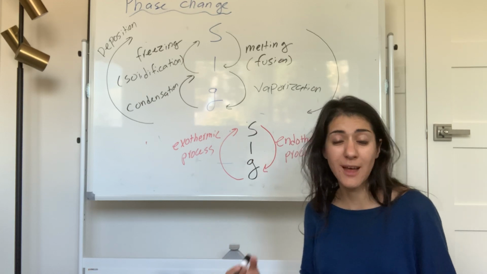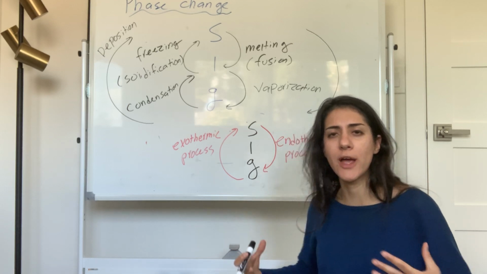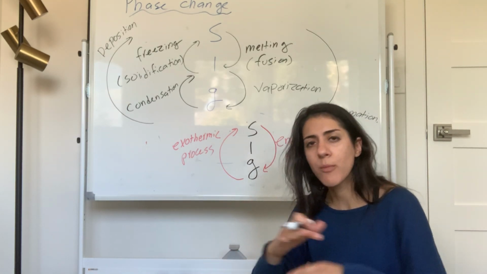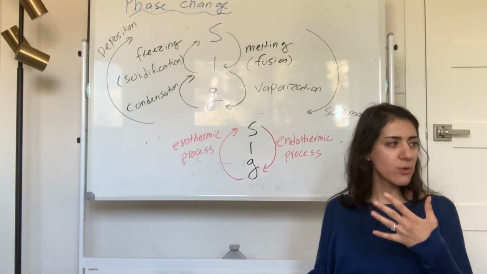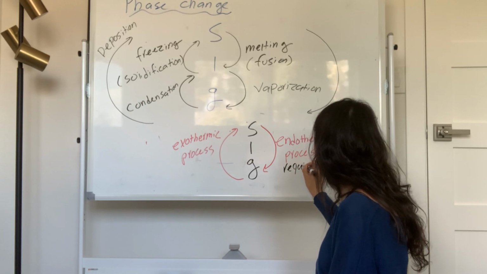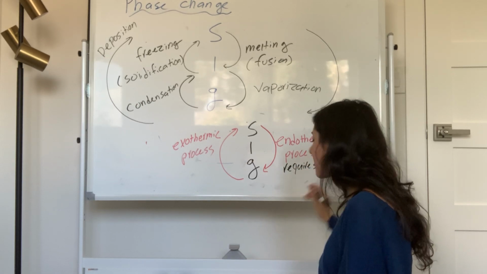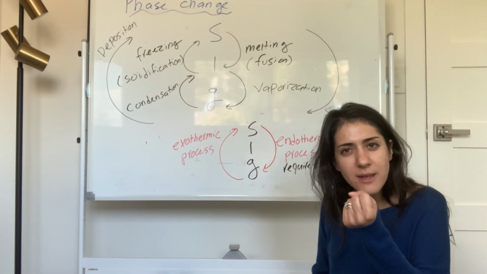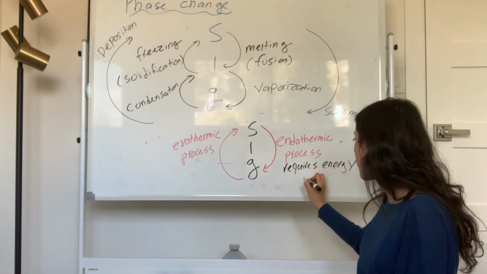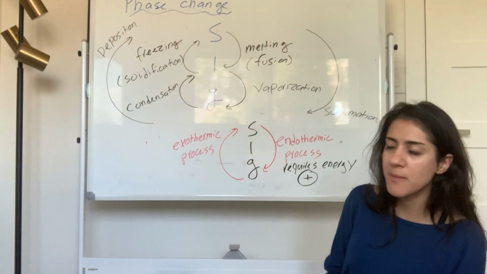My surrounding is going to get cold and I'm going to get hot because I require energy. So if you have an endothermic reaction, your beaker will get cold because you're getting the energy from the surrounding. When you have an endothermic reaction that requires energy, the sign for energy is positive. I need you to remember that.